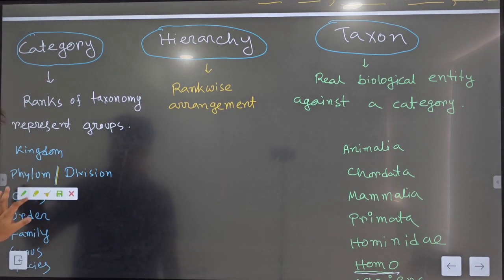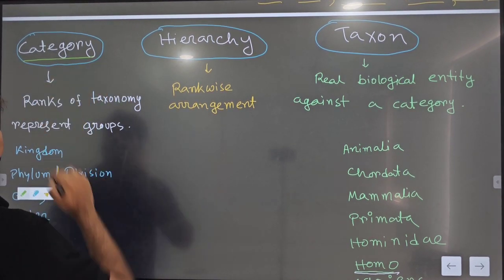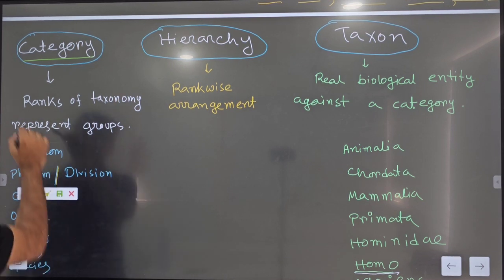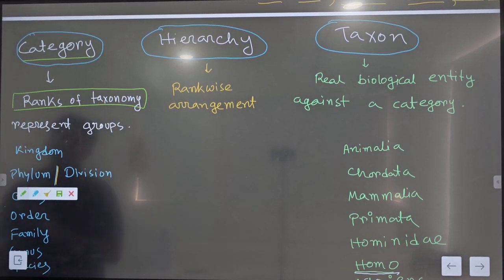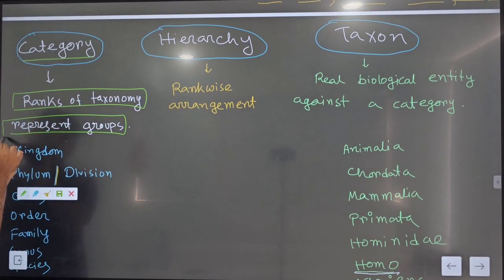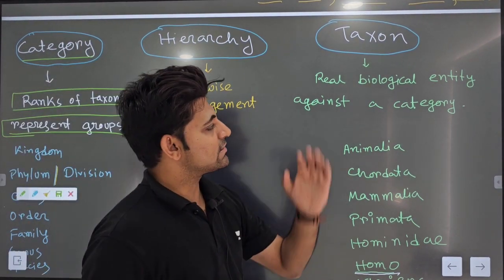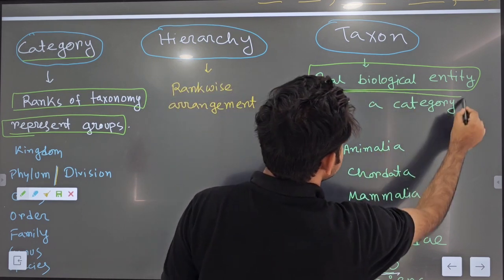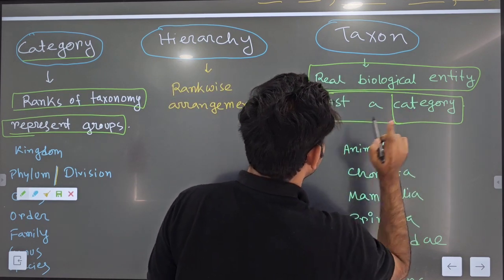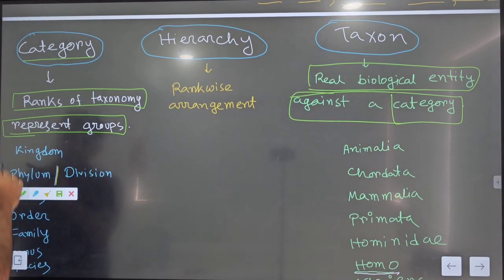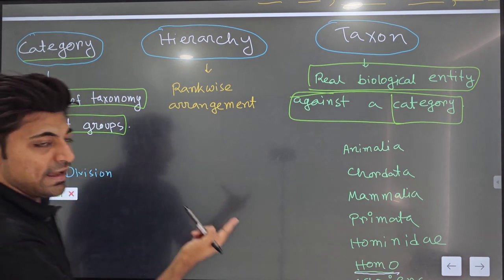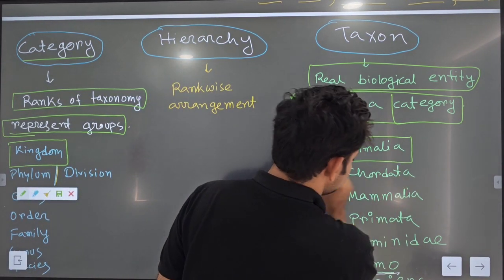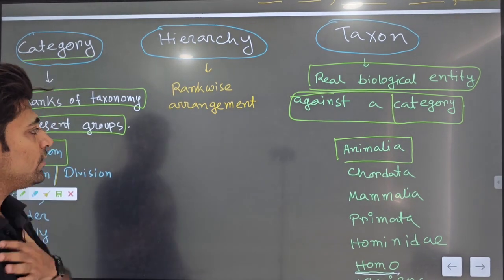First, category means a rank of taxonomy which represents a group, and taxon is the real biological entity against a category. This you need to remember. Like kingdom is a category, but against kingdom, Animalia is the taxon.